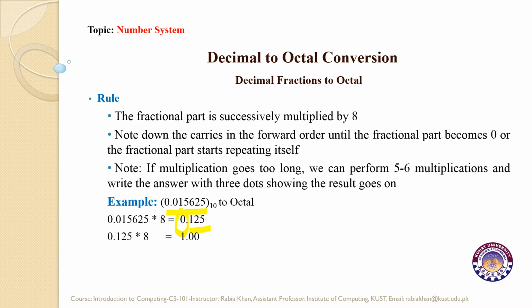So 0.125 is multiplied by 8 again, and the result is 1.00. Here you can see the fractional part has become 0. As we mentioned, when the fractional part becomes 0, that is the point when we stop this multiplication process.